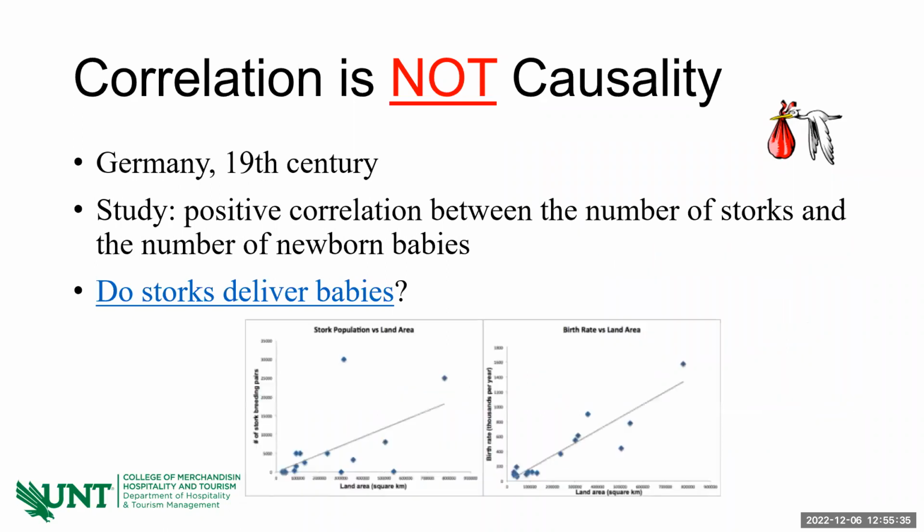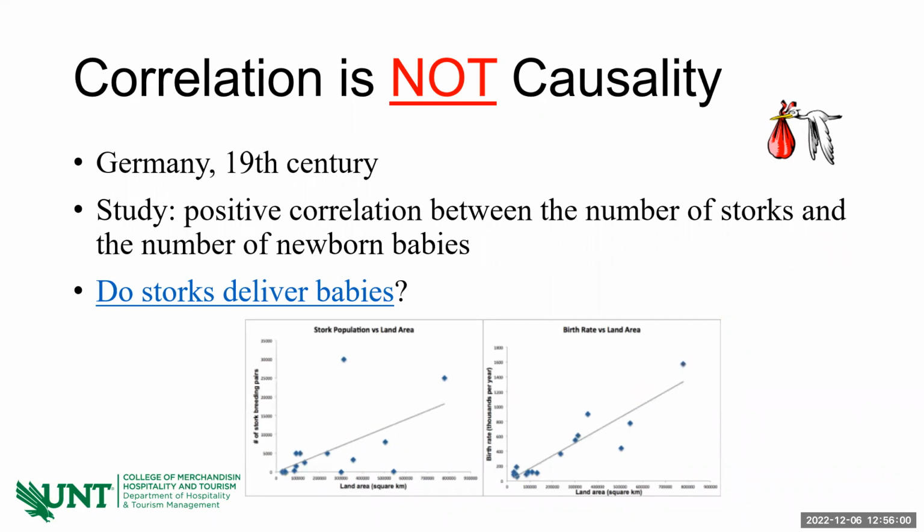And that is what happens in this case, because they are looking at the number of storks and the number of newborn babies in different sets of countries. So there's a third variable. The researchers think that it's the land area of that country that causes this positive and significant relationship.